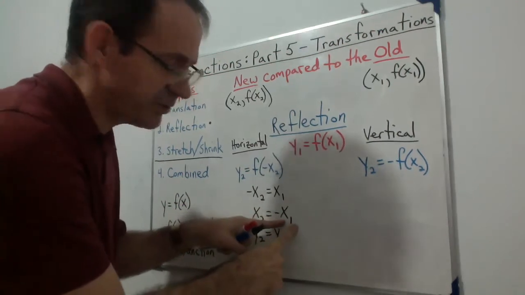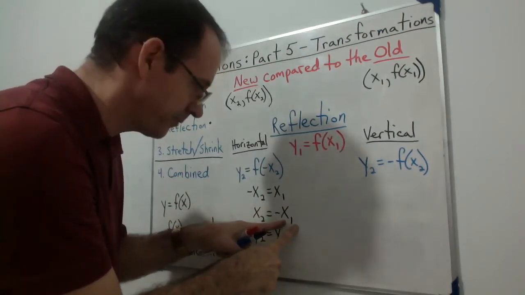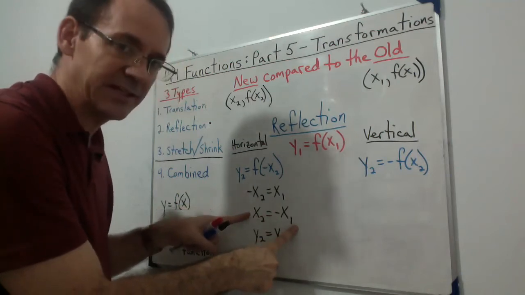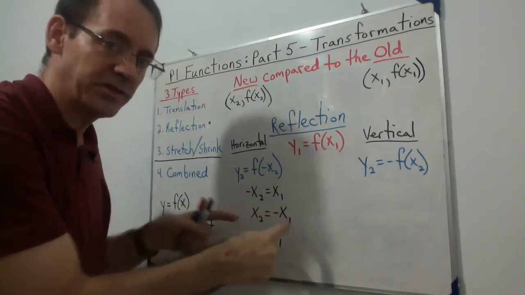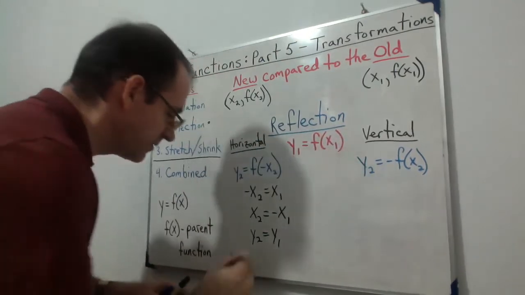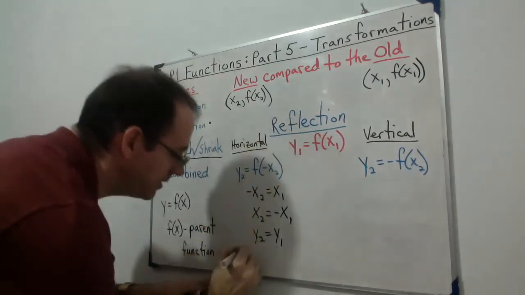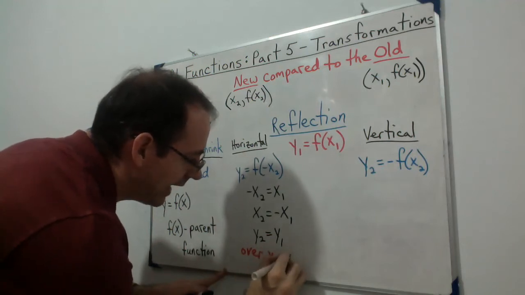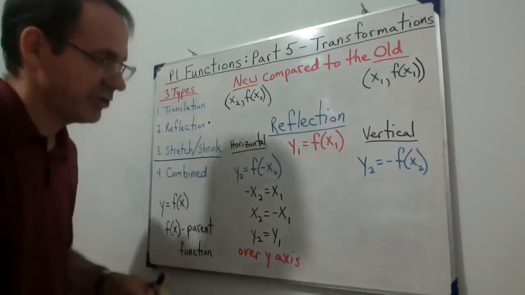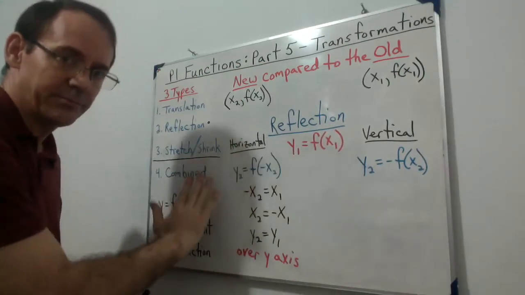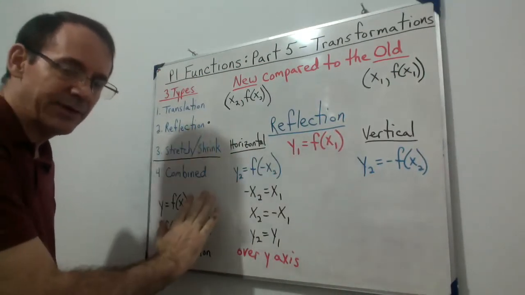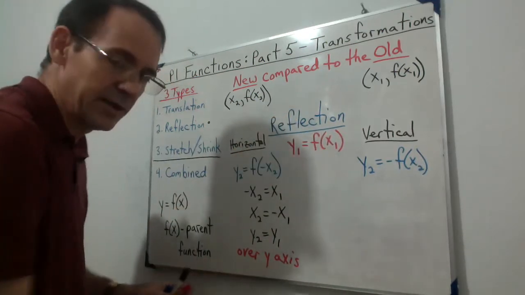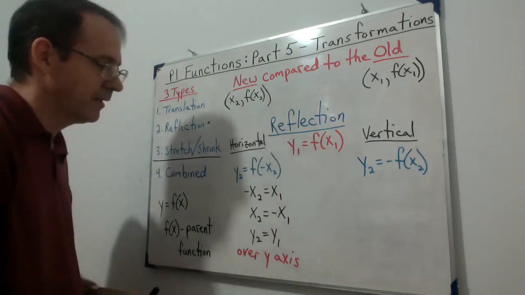If your original x was negative and you multiply it by a negative, that means your new x is now going to be positive. What does that mean? It means that you're going to get a reflection over the y-axis. In other words, your positive x becomes negative x, your negative x becomes positive x. You get a reflection over the y-axis, okay?